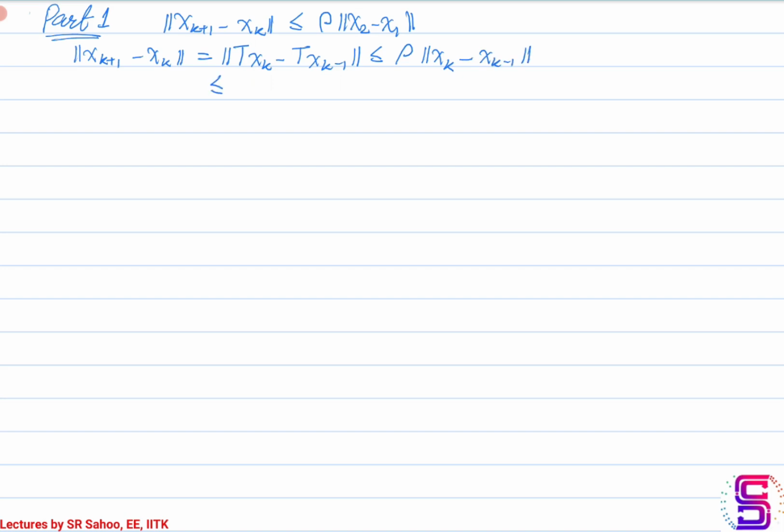So if I keep on doing this, what I end up with is, sorry, this is rho to the power k minus 1. Just keep on doing this sequence till you reach norm of x_2 minus x_1. That establishes part 1. Now comes part 2.